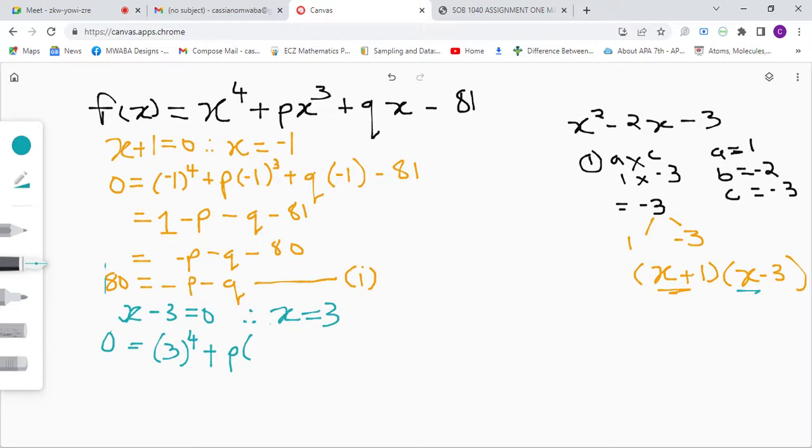Okay, where was I? I was saying that p times 3 to the power 3 plus q times 3 minus 81.